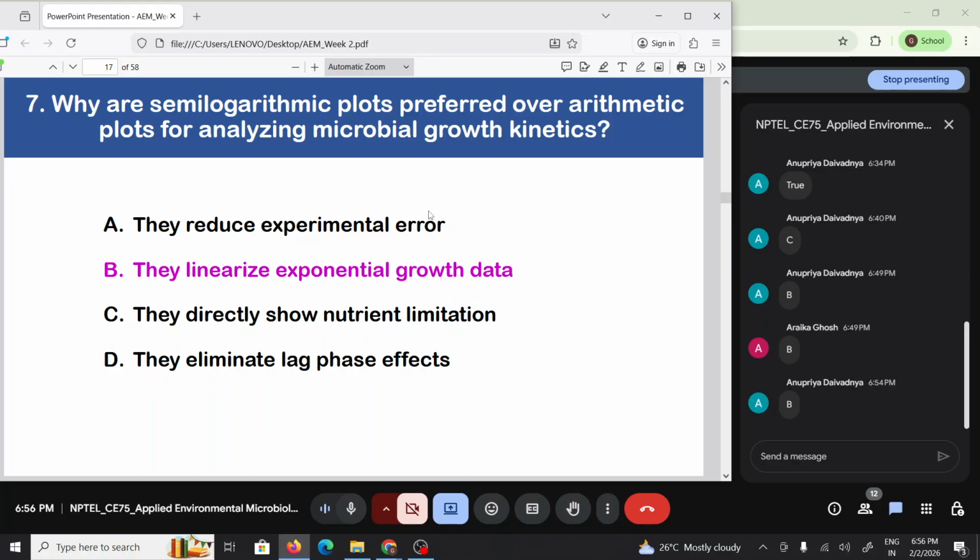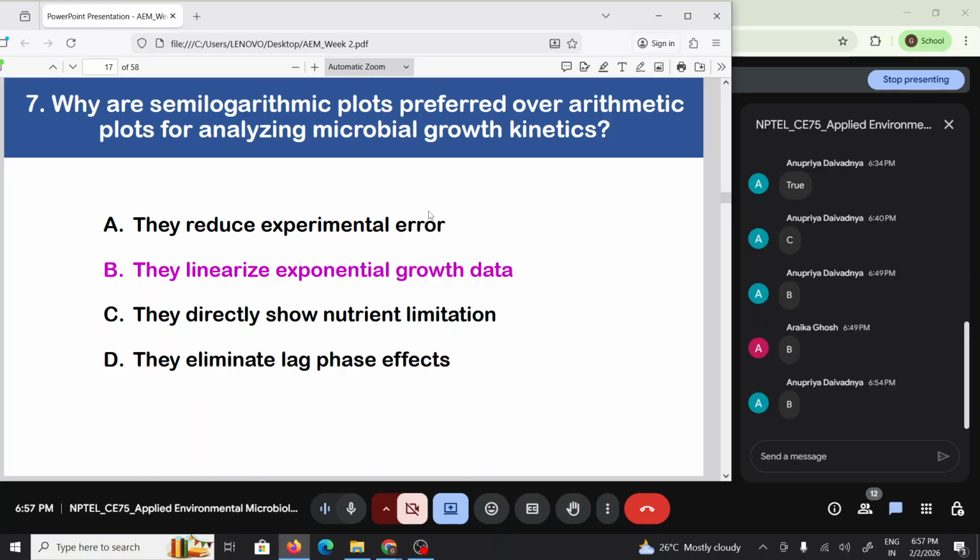And when you have this linearized version, you just have a line that specifies a particular phase, and those lines have a particular slope, which we call the rate of microbial growth. So when we linearize the data, we get lines instead of steep curves, and these lines hold a slope which corresponds to the growth rate at that particular phase.